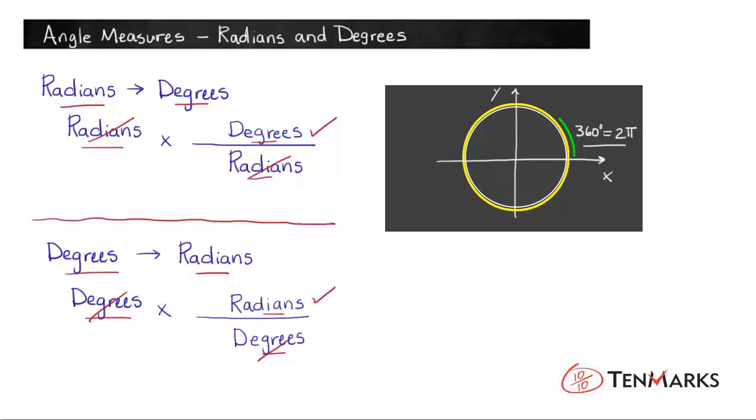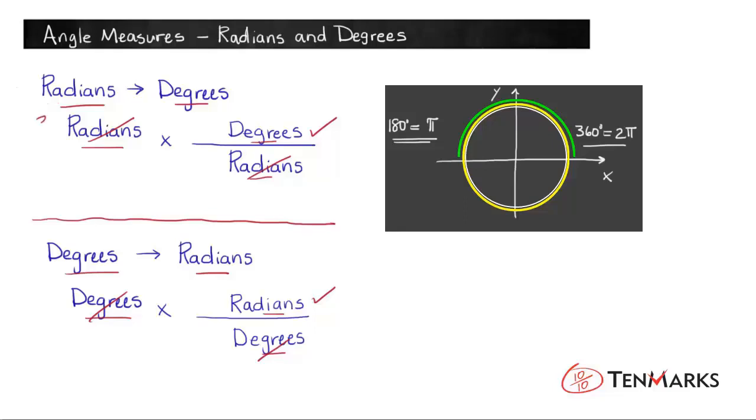If we think about half of a circle, we know that there's 180 degrees in half a circle, and there's also half of 2 pi radians, or just pi radians. So how about if we use this for our conversion factor? That way we'll be working with smaller numbers, and it should be easier and faster for us to do our conversions.